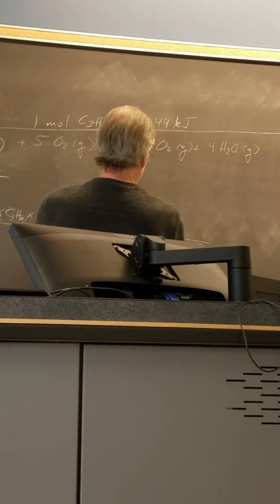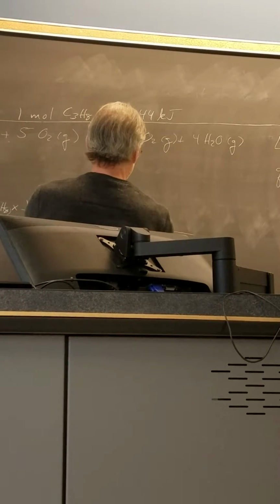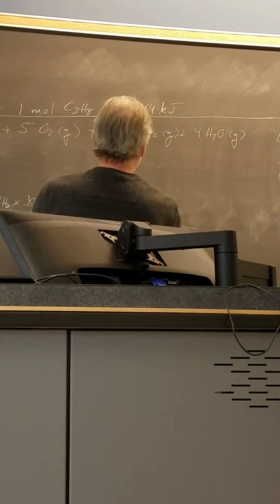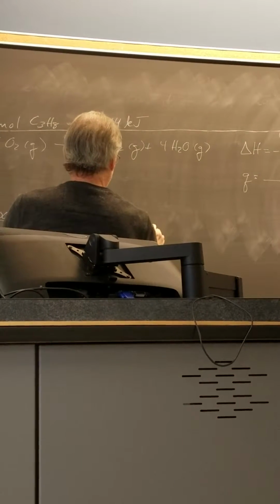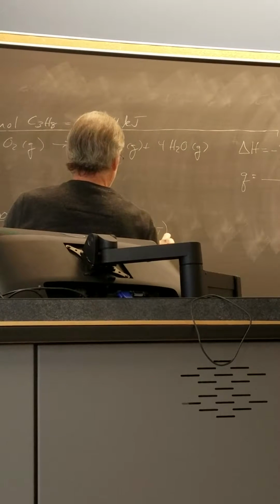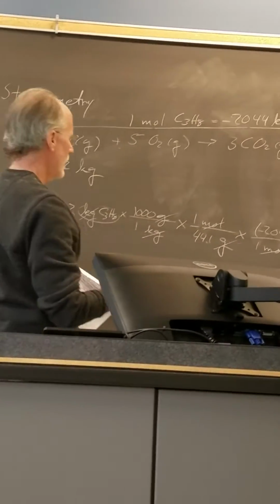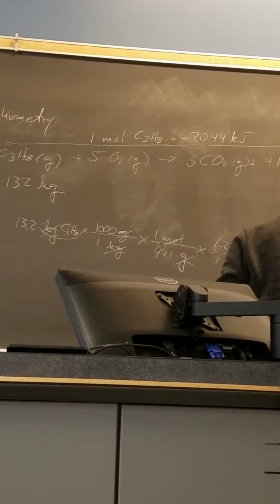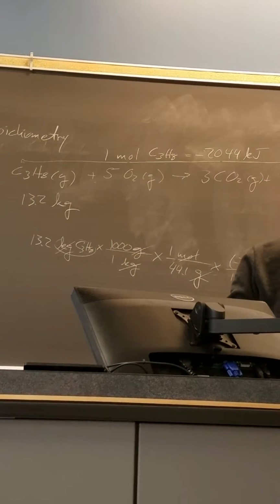Again, whatever the unit is, you need to put it in the denominator to cancel. So this says 1 mole is equivalent to negative 2044 kilojoules. In terms of the units, everything cancels except kilojoules from the C3H8.